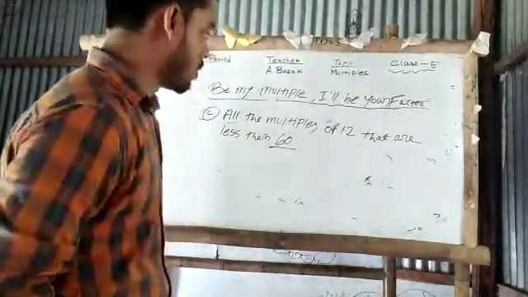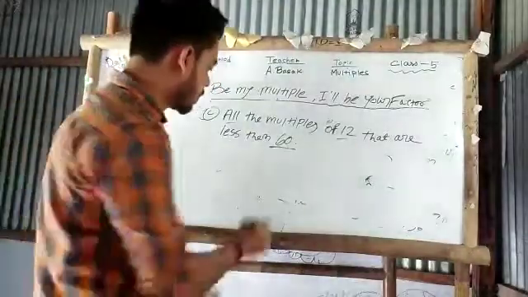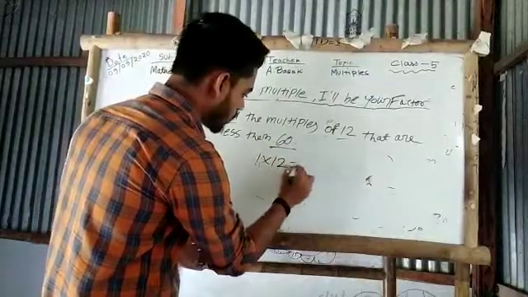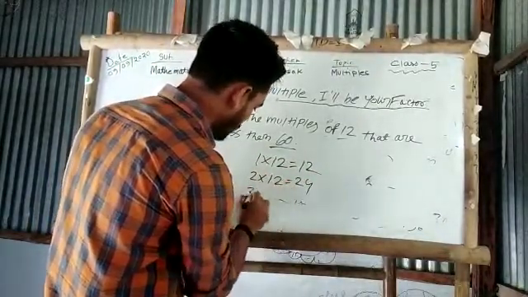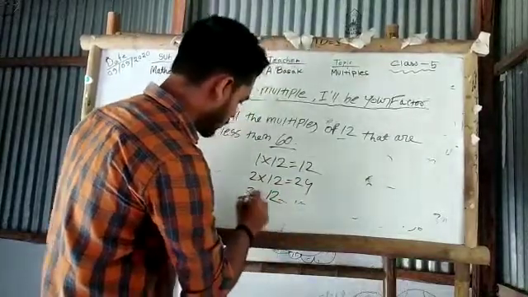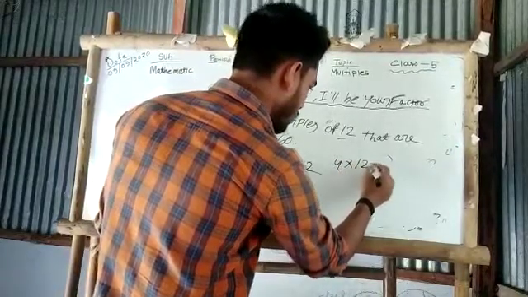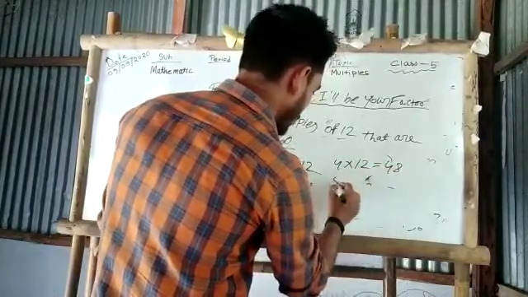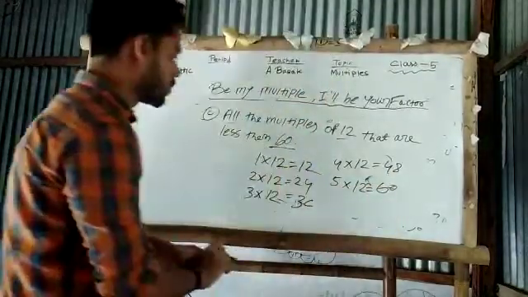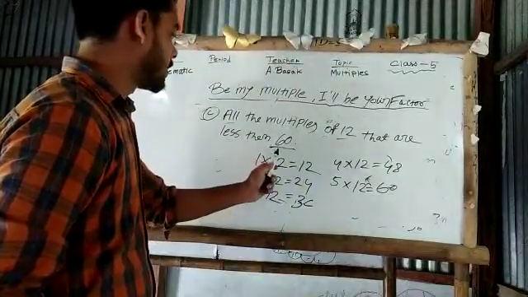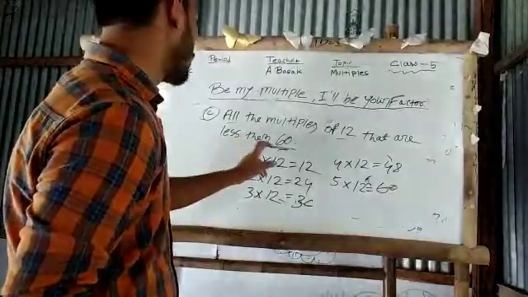Okay, so first of all, like the previous one, you just need to determine the multiples of 12 like this: 1 into 12, 12, 2 into 12, 24, 3 into 12, 36, 4 into 12, 48, 5 into 12, 60. As per the question, we have to write less than 60. Okay, we have to determine the multiples of 12 that are less than 60.